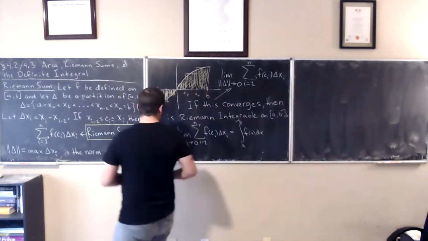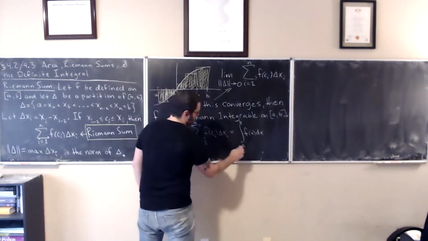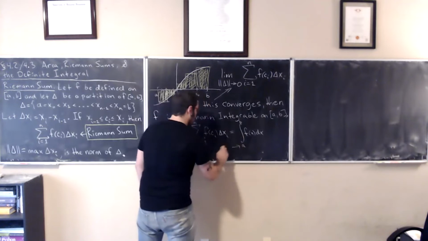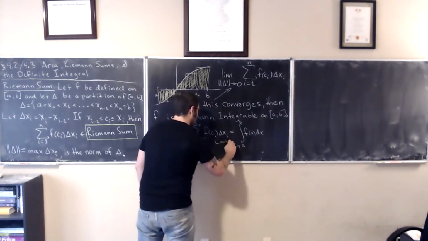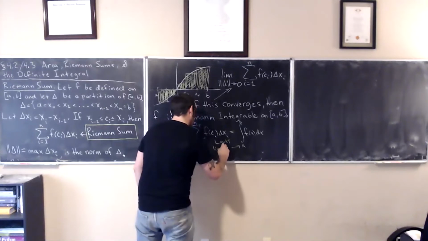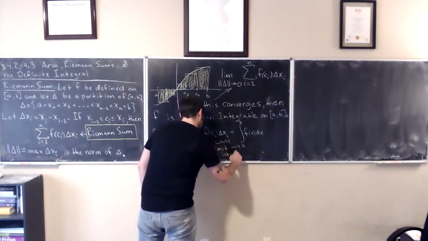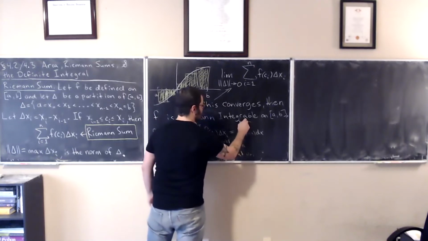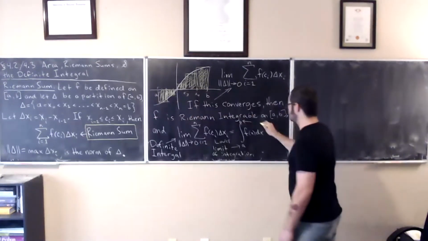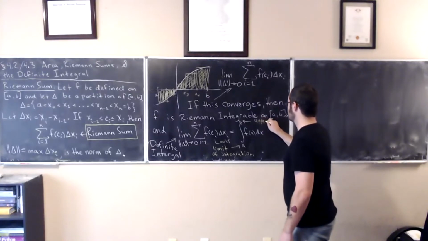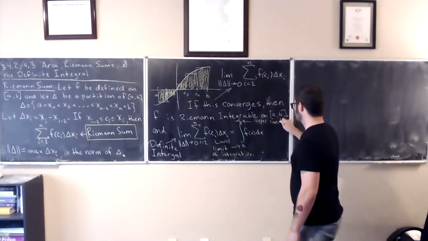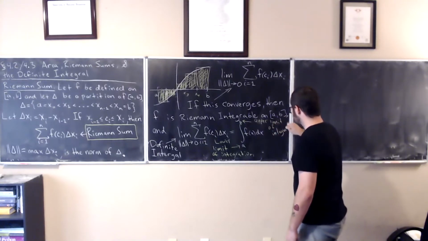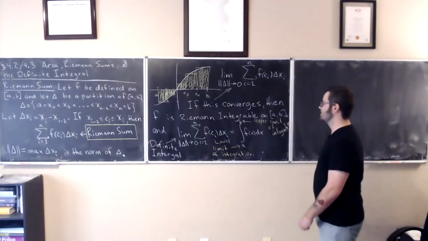Now also the a and b are the limits of integration. a is called the lower limit of integration, and b is the upper limit of integration.